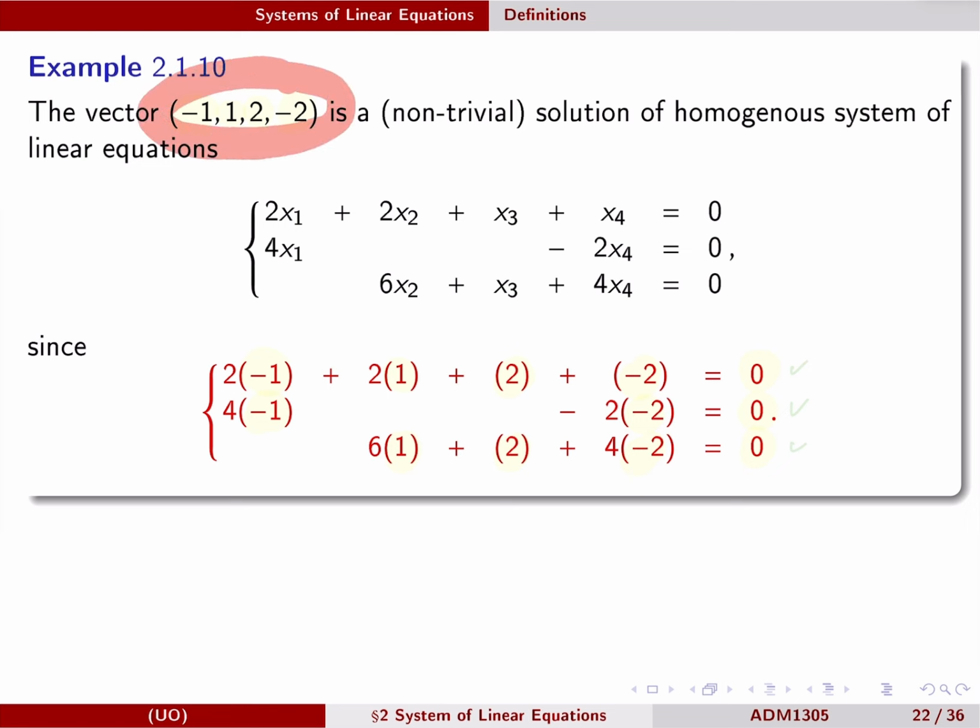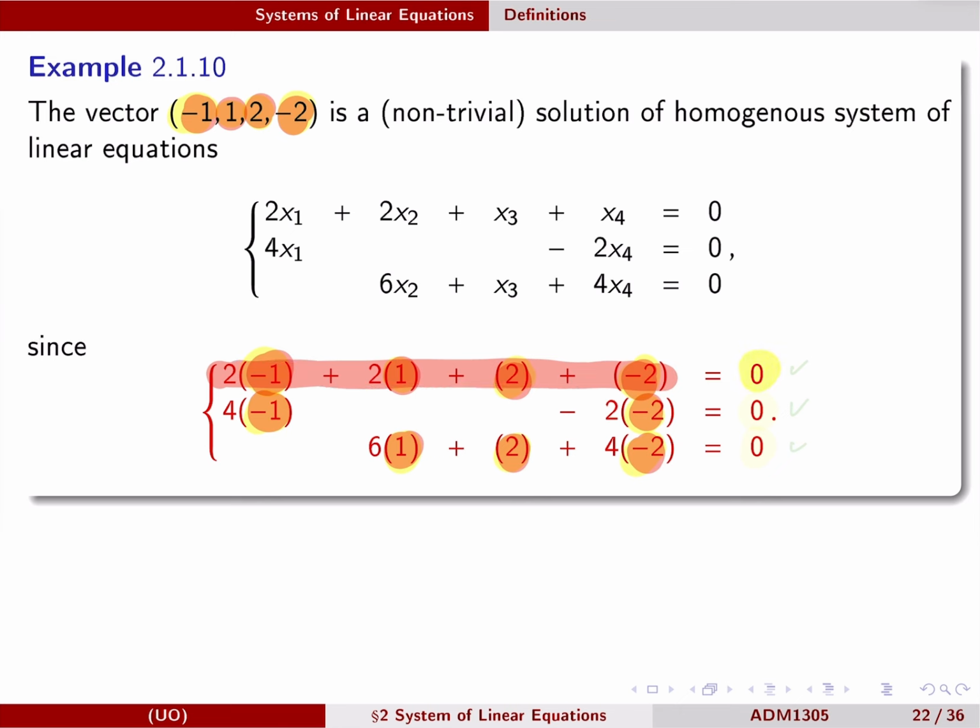So for example, the vector (-1, 1, 2, -2), the quadruplet, or the 4-tuple of numbers, is a solution of that homogeneous system. If you replace all the x1 by -1, all the x2 by 1, all the x3 by 2, and all the x4 by -2, you can verify that 2 times -1 plus 2 plus 2 minus 2 is 0.